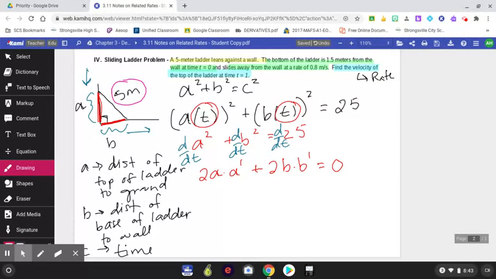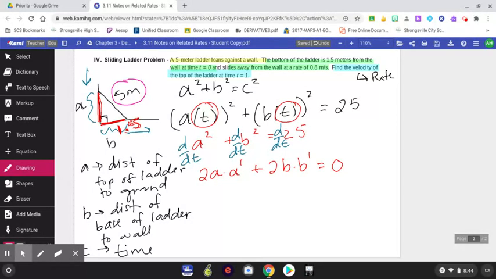Now let's see what information I have to substitute in. A 5-meter ladder, that was fixed, already used that number. Okay, the bottom of the ladder is 1.5 meters from the wall at time t equals 0. So at time t equals 0, I know this length here, going back up to my drawing, at time t equals 0 is 1.5 meters, okay?